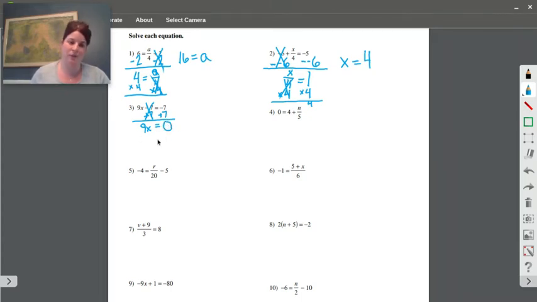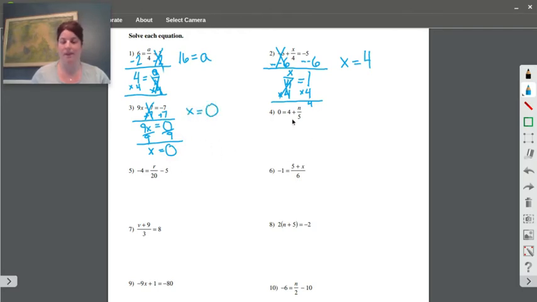Now this one, again, is getting kind of obvious, but we'll still divide. We'll do 9 times x divided by 9 and 0 divided by 9, and we end up with x equals 0. Okay, I'll put that out to the side.